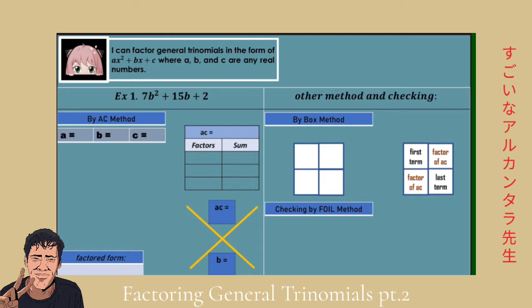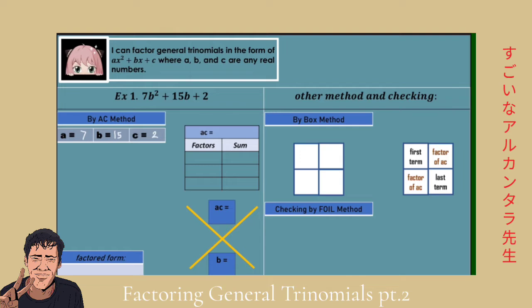By the AC method, basically, first you identify the value of A, which is 7, B is positive 15, and C is 2. What you can do here is use the table that we have been using, similar to the first four cases of general trinomials, and we can also use what they call the X-box method.